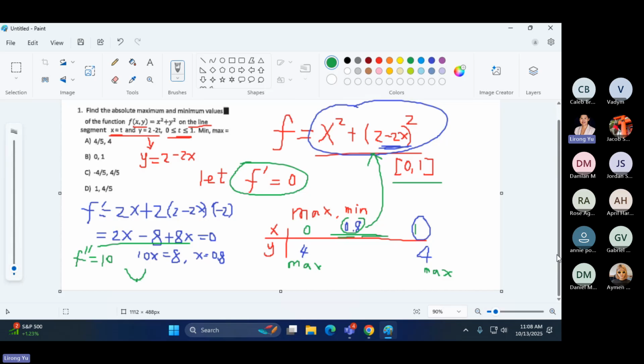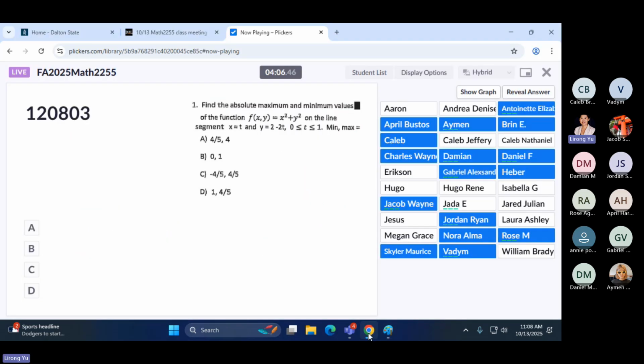I was holding it up while trying to figure out what the answer was, and I guess the scanner must have picked up my paper card in the wrong position. So this should be 4/5. Right, so the answer should be this one. Maximum is 4, minimum is 4/5. So the correct answer should be A.